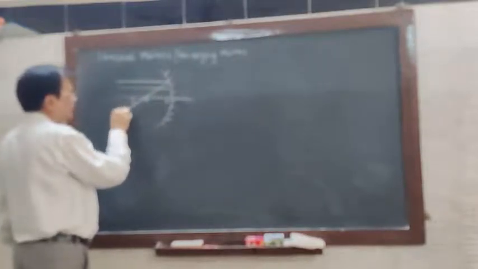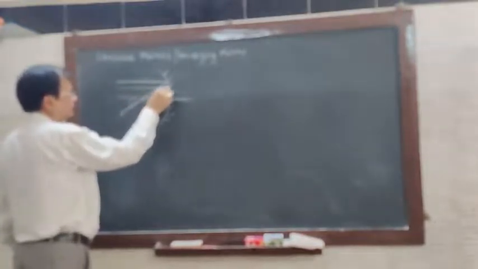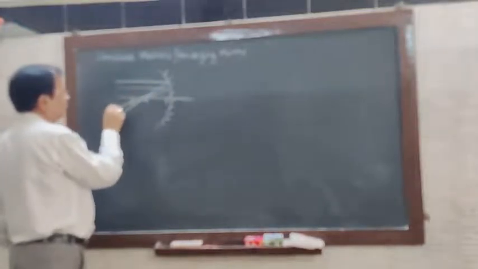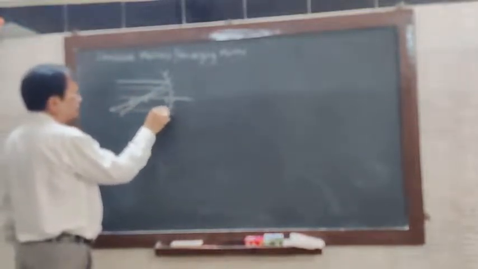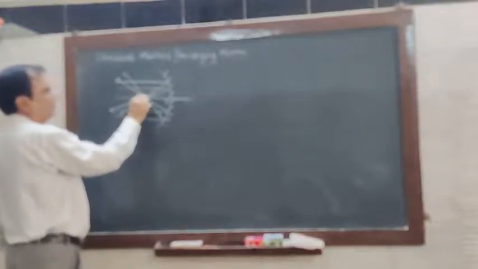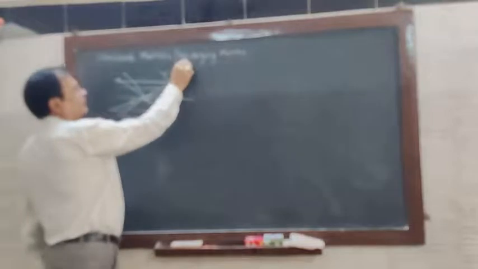All these rays of light get reflected through one point. They come and converge at one point. Therefore, these are called converging mirrors.